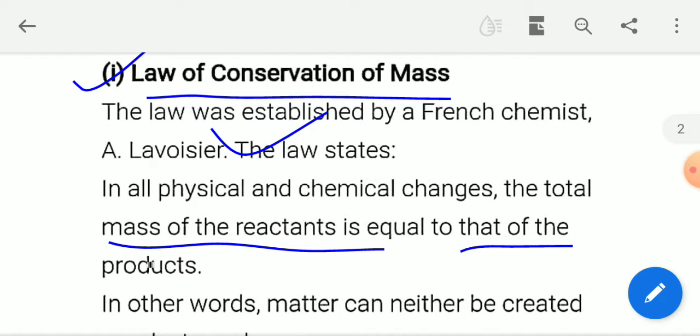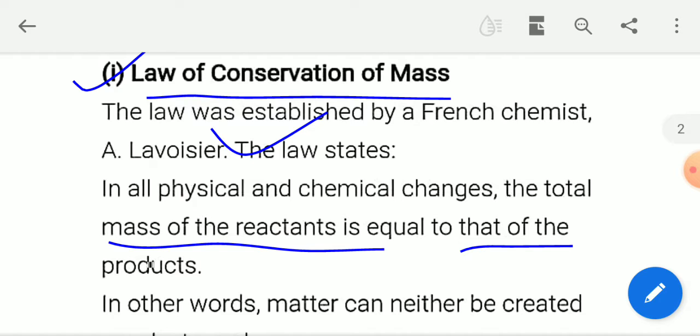So the first law is law of conservation of mass. This law was established by a French chemist, Antoine Lavoisier. According to the law of conservation of mass, in all physical and chemical changes, the total mass of reactant is always equal to that of the product.